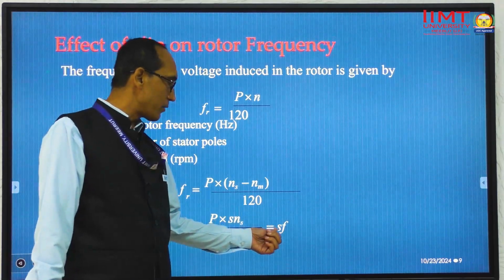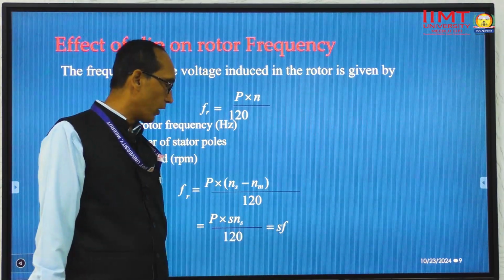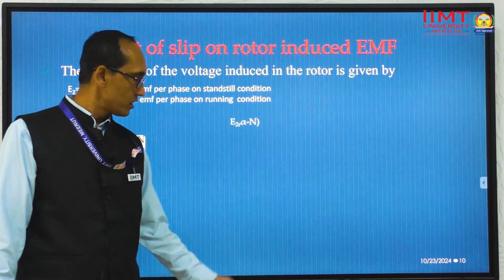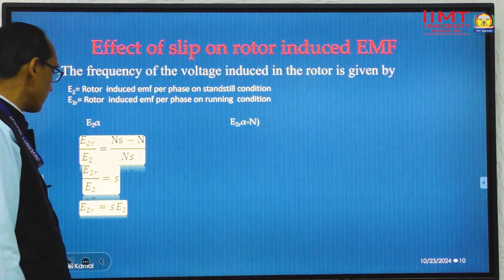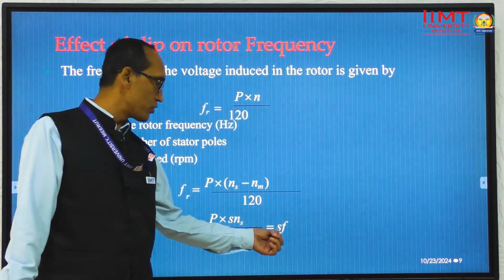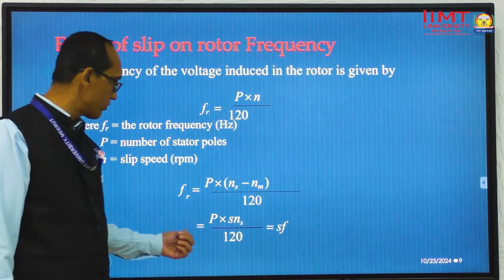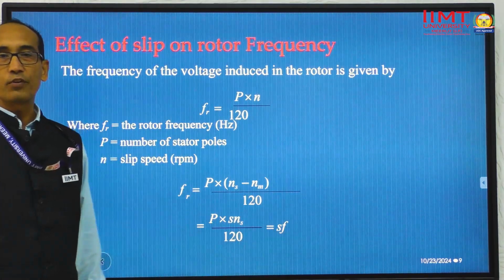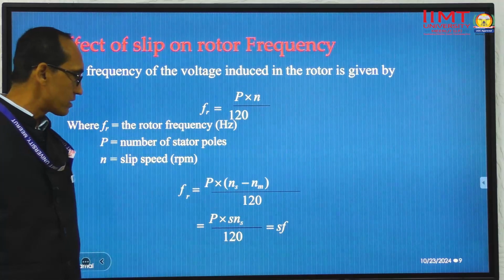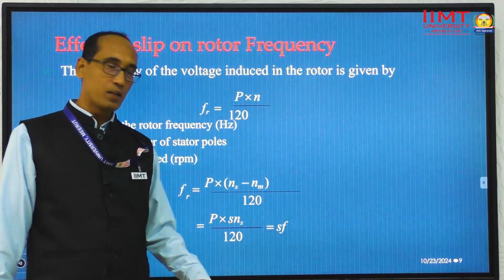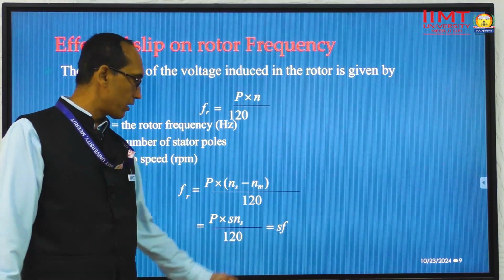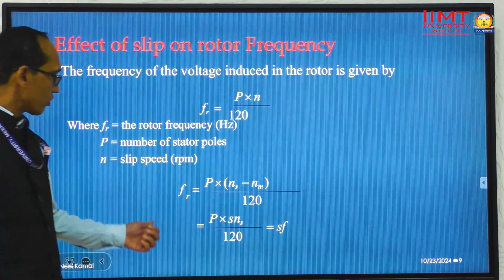Suppose that 1% means S is equal to 0.01, and F is equal to 50, so if we multiply, S equal to 0.01 times 50 gives us a rotor frequency of 0.5 Hertz. And suppose that for 4% slip, S is equal to 0.04 and frequency is 50 Hertz, so rotor frequency will be 2 Hertz.